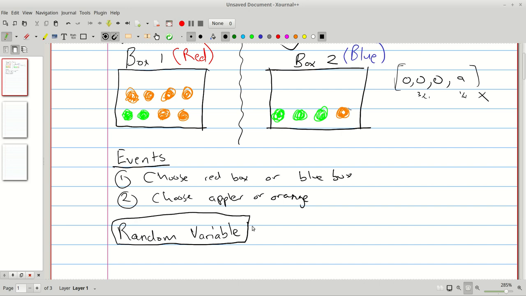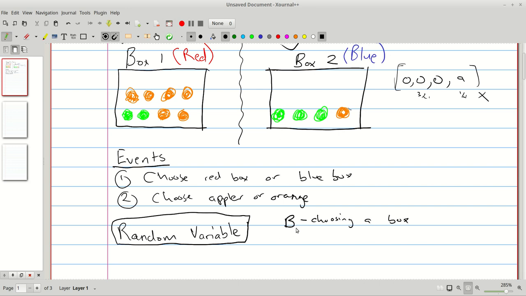So when we're dealing with a random variable, we assign it a letter. Let's say the first random variable that we're dealing with is b, right? So b is the random variable for the event of choosing a box.